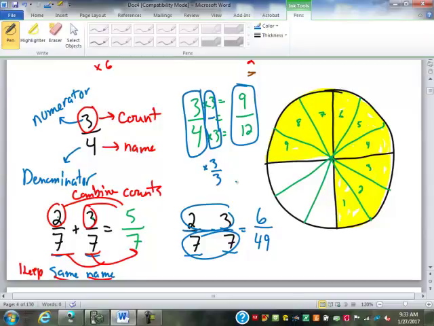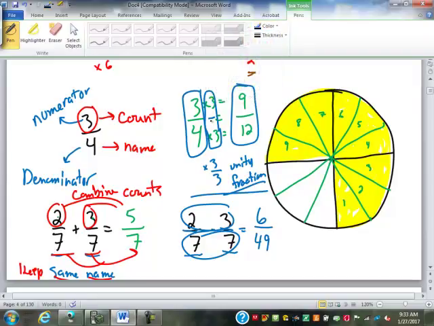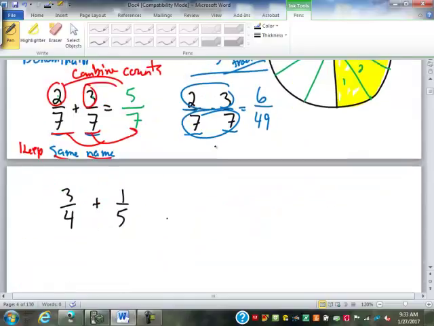When we get to our measurement conversions, multiplying by 1 like that, it's called the unity fraction, is how we do a lot of our measurement conversions as well. So we can multiply the top and bottom of a fraction by the same number. It'll change the appearance, it'll change its name, but it won't change its value.